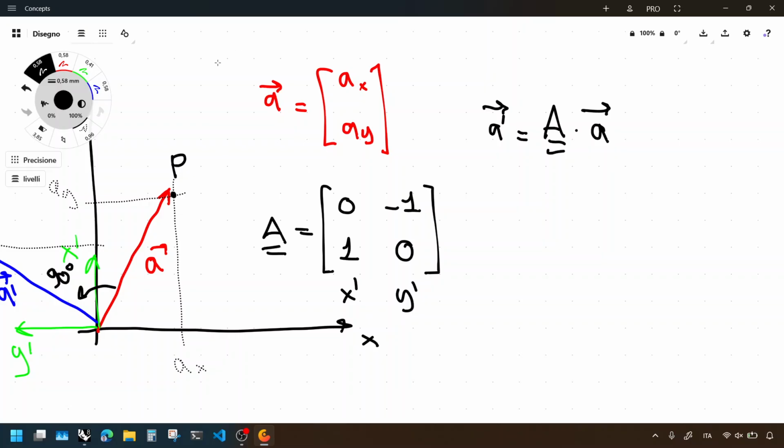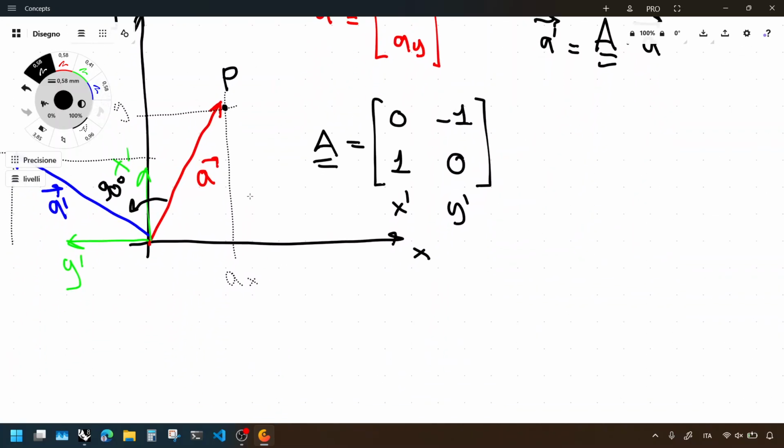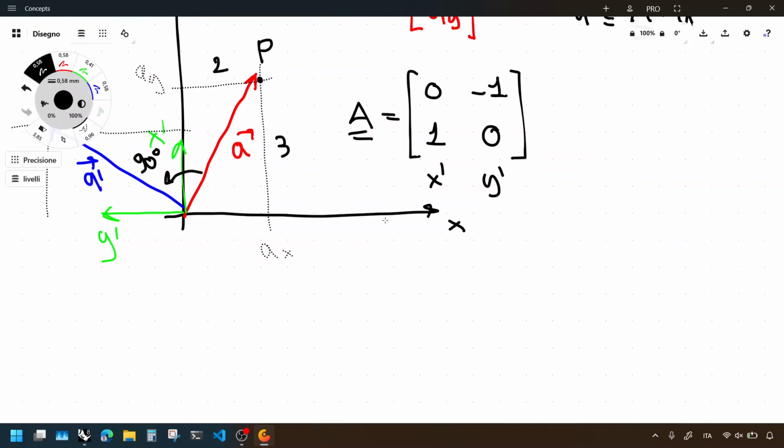How do we actually do that multiplication? Let's define some numbers. Let's say this is 3 and this is 2, just because. So we have the matrix 0, minus 1, 1, 0, and then vector A, which we said is 2, 3.